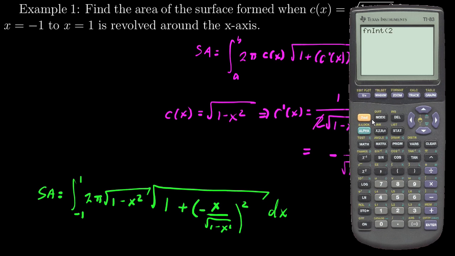The function is 2 pi times the square root, and I open one set of parentheses, 1 minus x squared, close off that parentheses, times another square root, 1 plus, and I'll open up another set of parentheses for this, negative x divided by, and I don't need parentheses here because when I put the square root in, I'll get a set of parentheses, 1 minus x squared, close off the parentheses for the square root, close off the parentheses for the fraction, square that, close off the parentheses for this square root, and now I've taken care of the function.